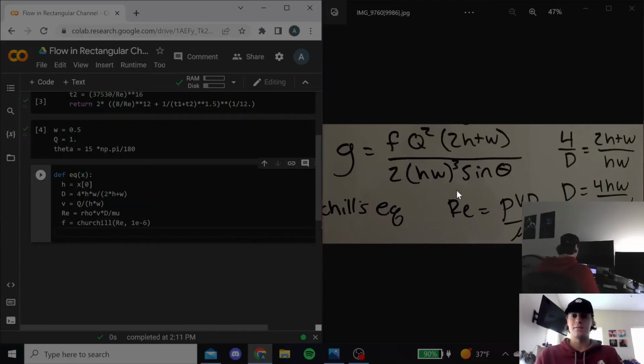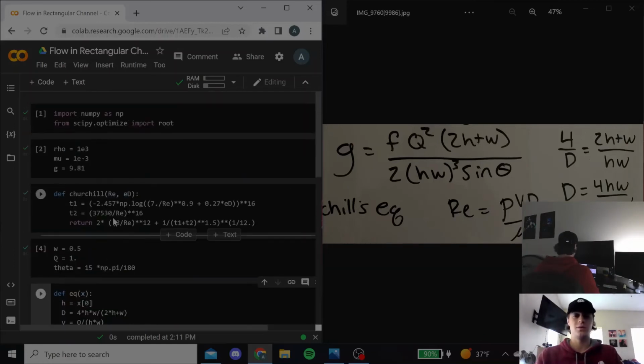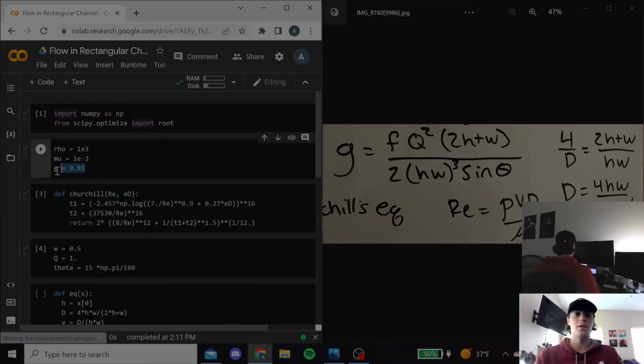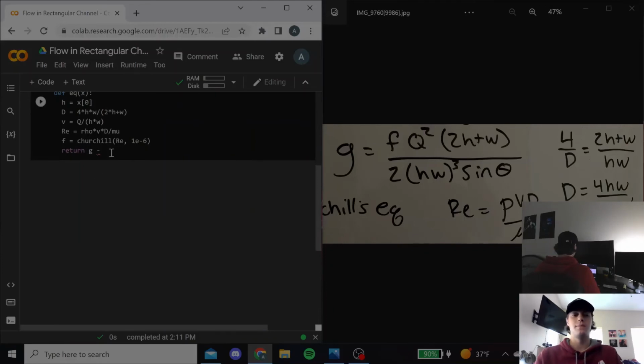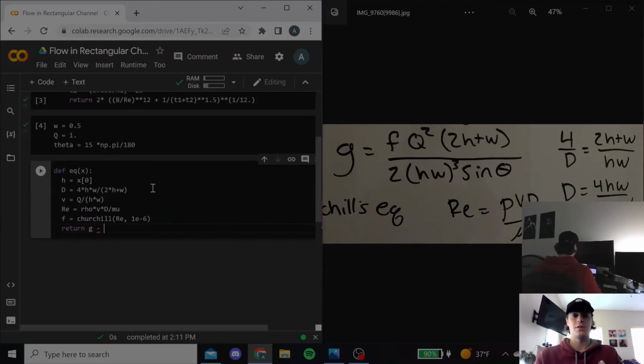I think we've calculated all the variables we need for this equation, so we can plug it in. In our root solver, we're going to take the acceleration due to gravity and subtract this function from it, because when we find the proper value of h, it'll equal 9.81. So this will go to 0, and the root solver will return the answer that we're looking for.